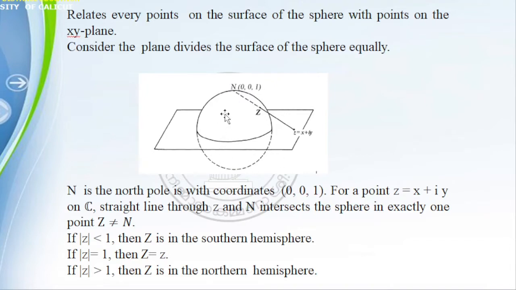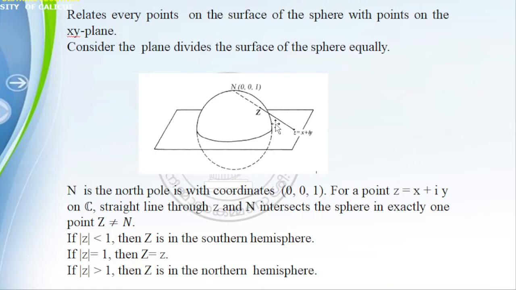Consider a point z on C. A straight line through small z and N intersects the sphere at exactly one point, say capital Z, which is not equal to capital N.